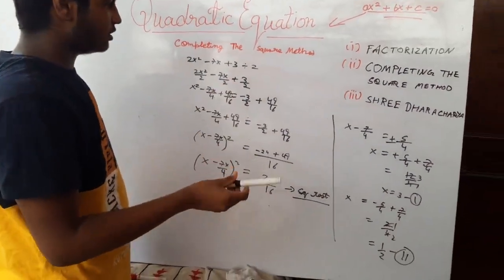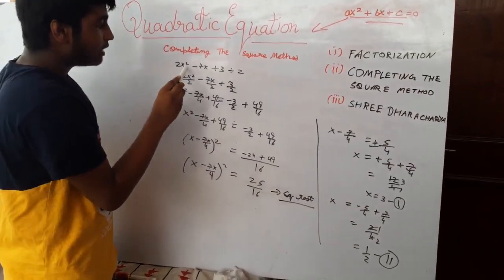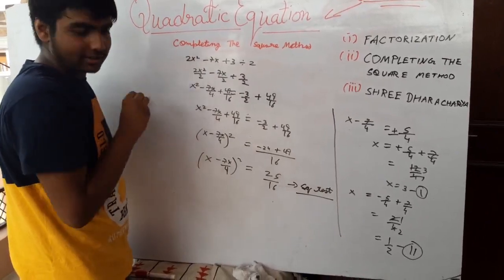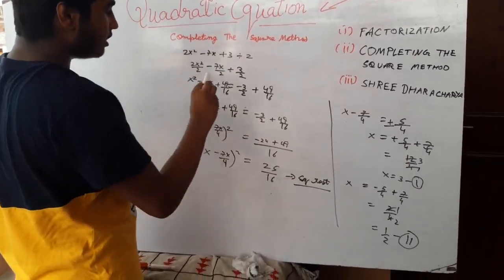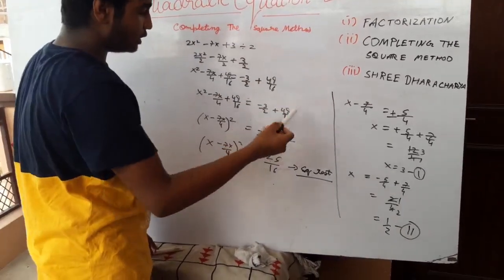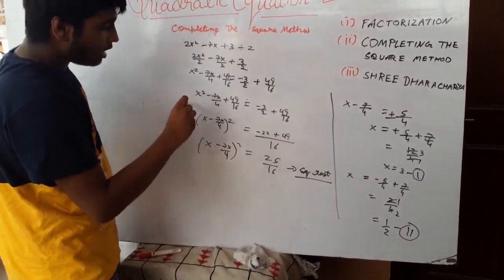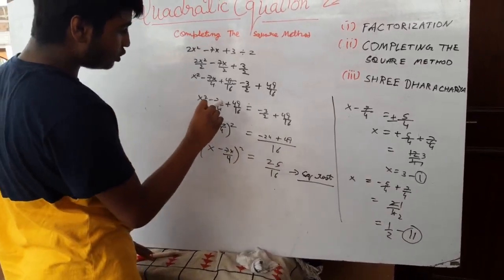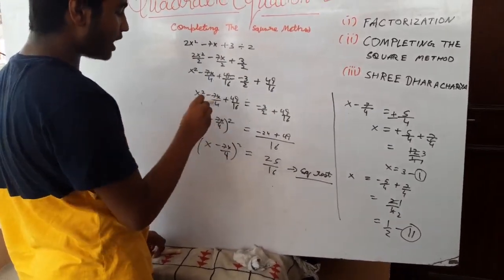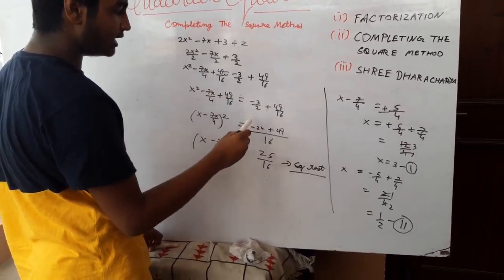Let me explain to you one more time. We will divide the whole quadratic equation by the coefficient of x square. We'll move the constant term to the RHS of the equal sign. Then we will divide the middle term by 2 and add the square of it to both sides.